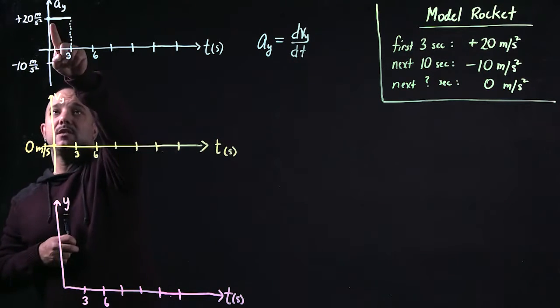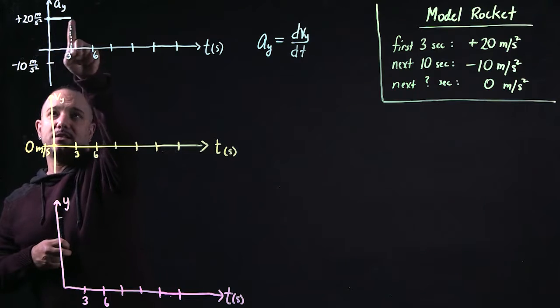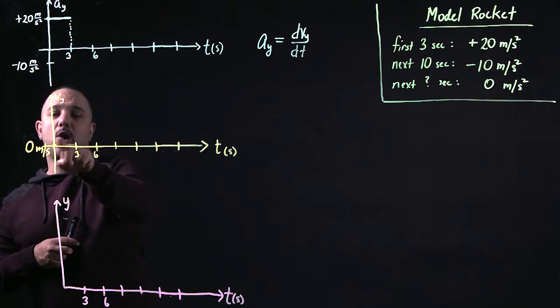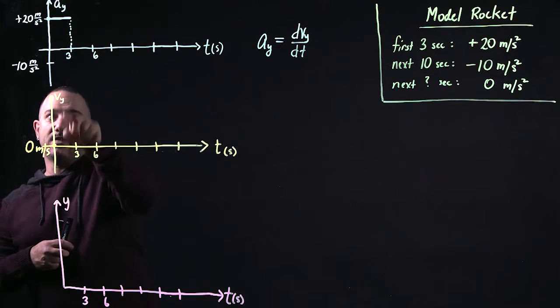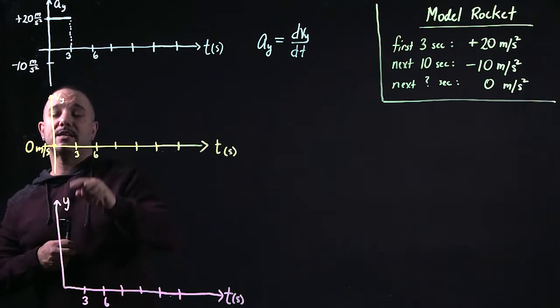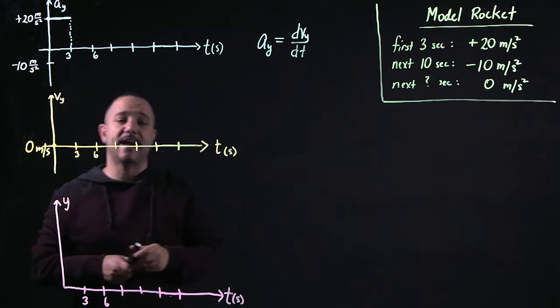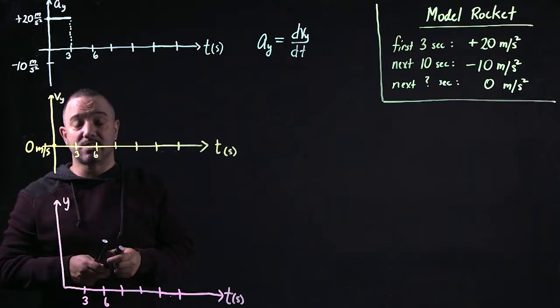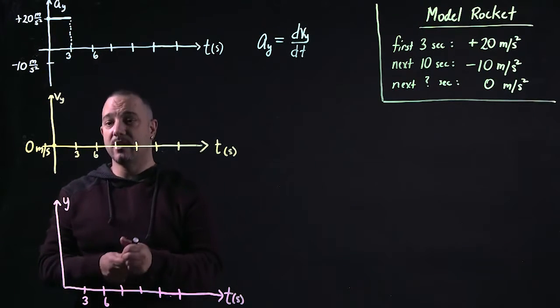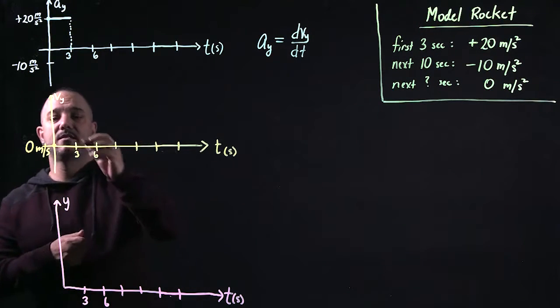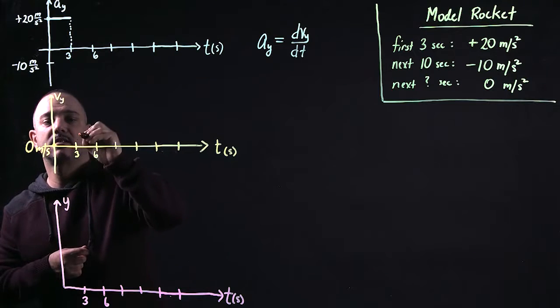So here we have a constant slope, a constant first derivative. We want the acceleration as the first derivative of the velocity. So we want a function that has a constant slope of 20 meters per second squared. So that's going to be a function like this.